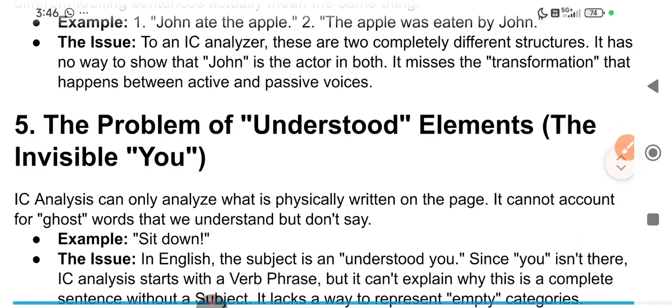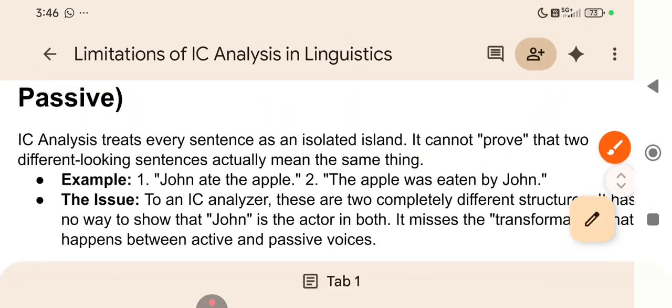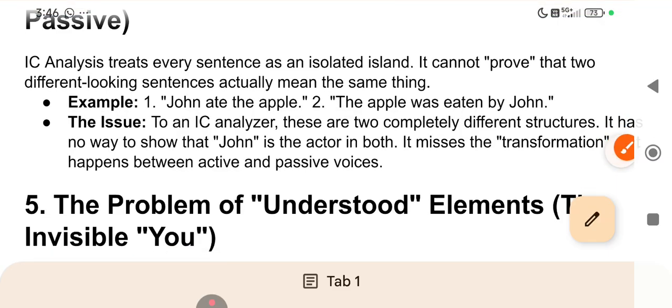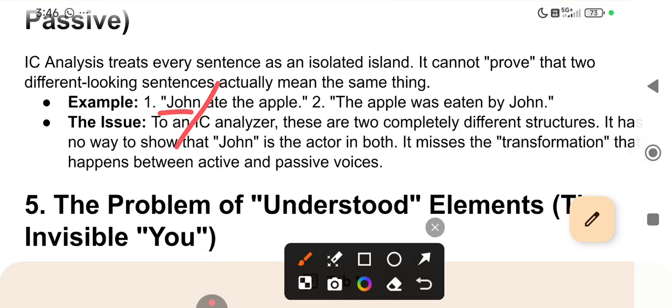To an IC analyzer, these are two completely different structures, and it has no way to show that John is the actor in both. Suppose you analyze the first sentence: John is the noun phrase, ate is the verb phrase, the apple is a noun phrase, very easy.